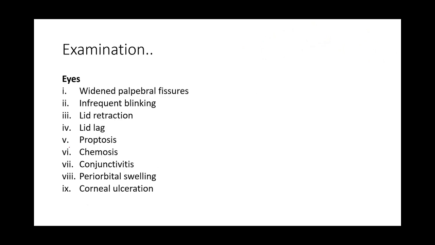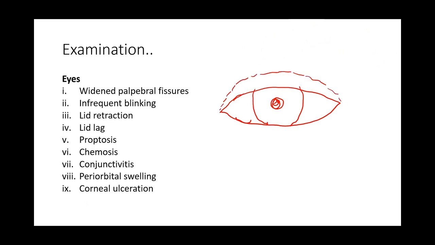Now, when you examine the eyes, you check for widening of the palpebral fissures, okay? Usually, when you examine the eye, this is what you are supposed to see. There shouldn't be space exposing the sclera at the limbus.